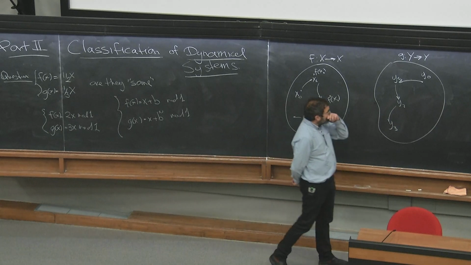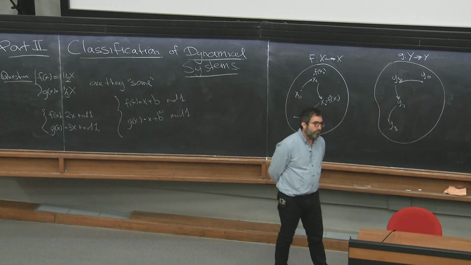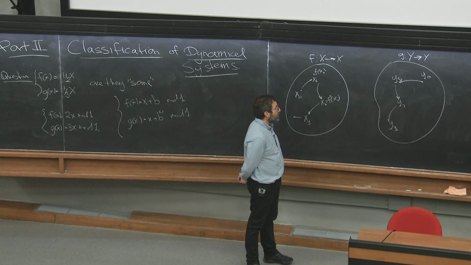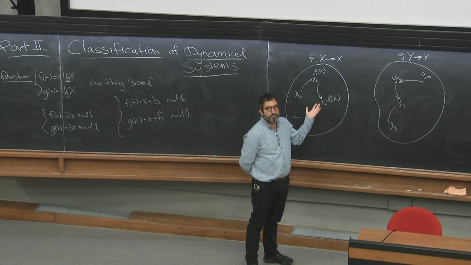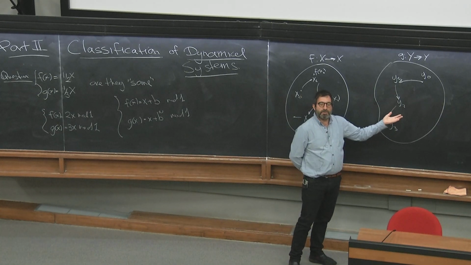So I would say that the first condition we clearly would want is that, for example, if f has a certain number of fixed points, G should also have the same number of fixed points.